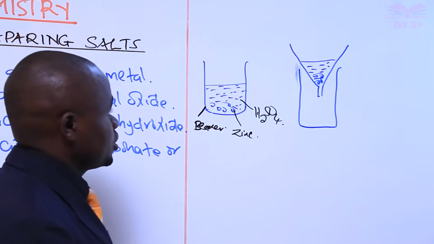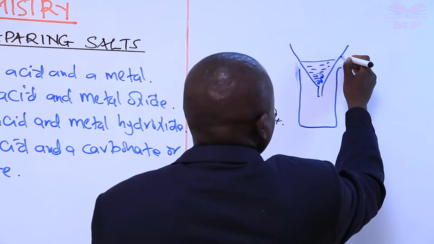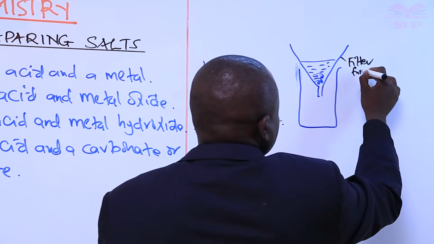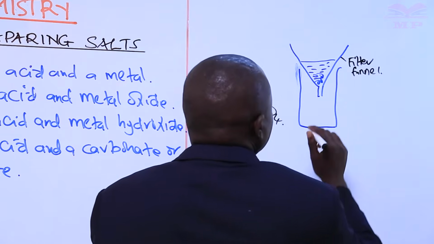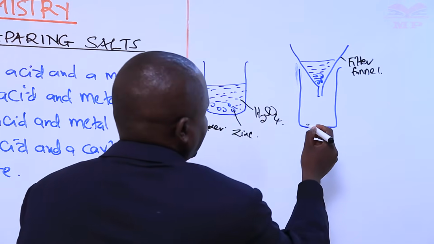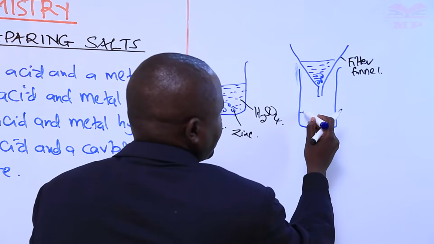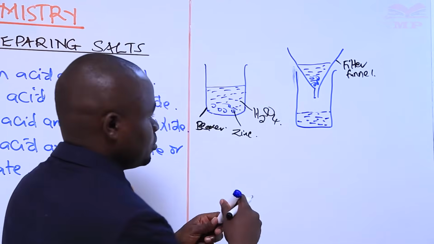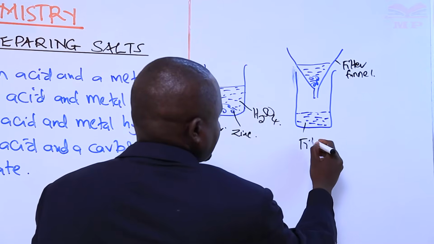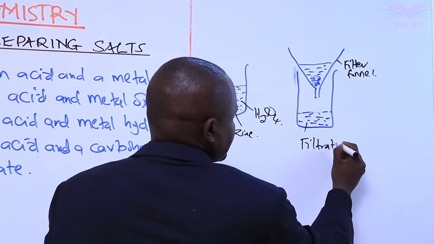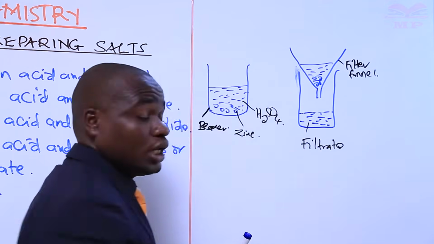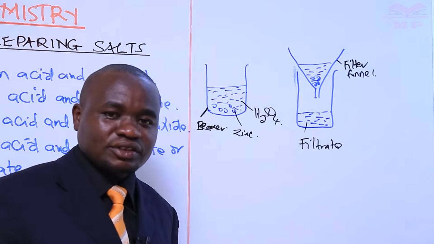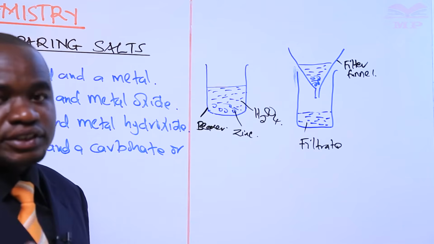So this will be our filter funnel. Then this is where we shall collect our filtrate. So the filtrate will be collected here. Remember, we have said from the procedure, we are carrying out filtration to remove excess or unreacted zinc.